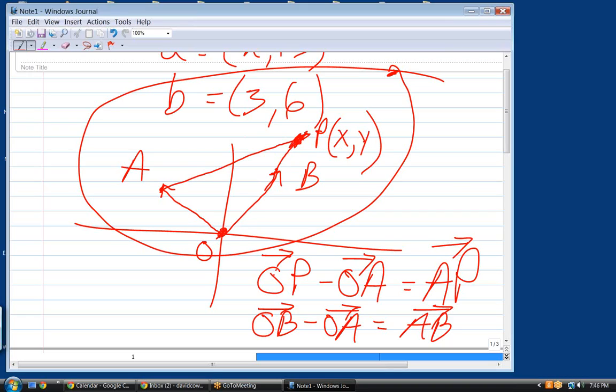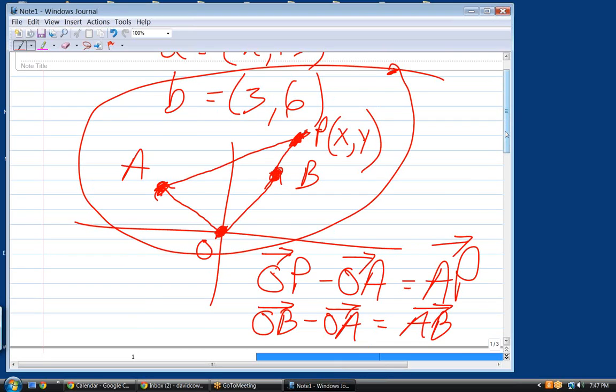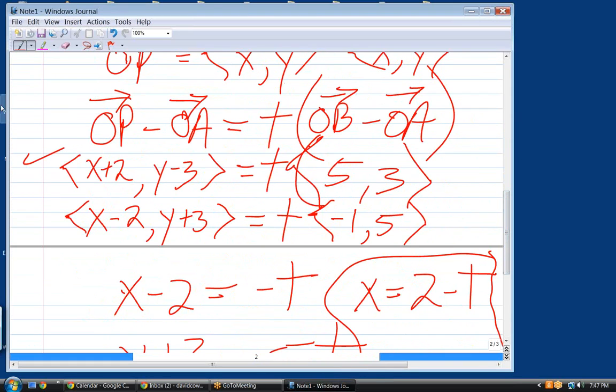OP minus OA has to be a scalar multiple of OB minus OA. And that's basically what they're saying when they get to this step here. OP minus OA has to be a scalar multiple of OB minus OA.